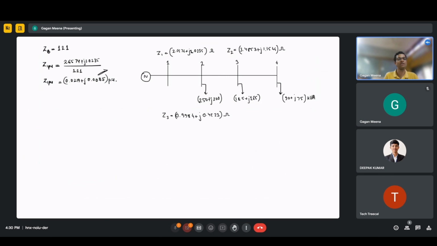Are you getting this? No, sir, in the second term I am not getting it. Yes, sir, this is 1.0235. Okay, now it is correct.